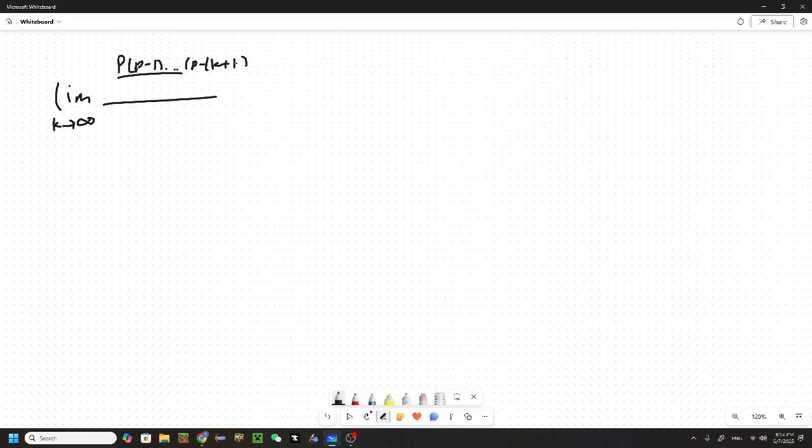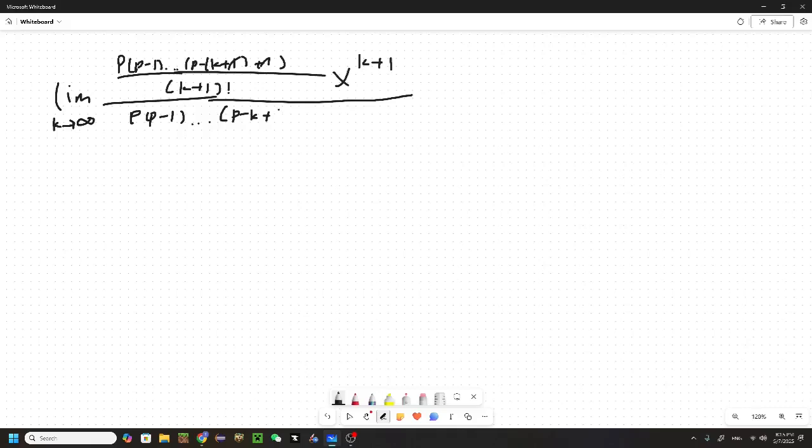But since this whole thing will be minus, this will cancel out the plus 1 later, so this will actually just become p minus k itself, and then here in the denominator we will have the k plus 1 factorial, right? That's just normal, and then we have the x to the k plus 1 here, can't forget that. In the denominator we have the regular, the same summation formula. And then we do dot dot dot. We can do p minus k for this one, p minus k plus 1. I'm so sorry guys, my brain is kind of cooked right now. And then we do that and x to the power k.